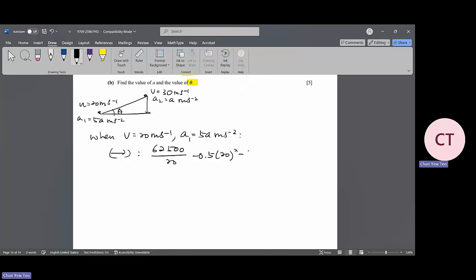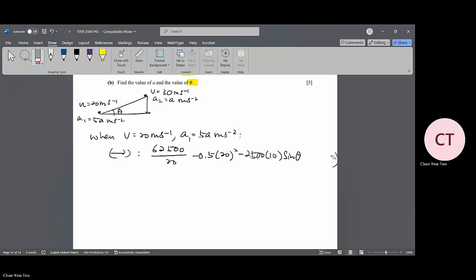There will be mg sin theta. So the equation is, with mg sin theta as 2,500 times 10 sin theta, equal to 2,500 times 5a.